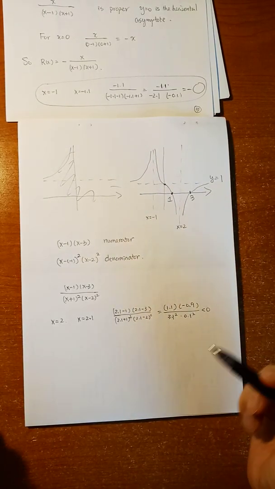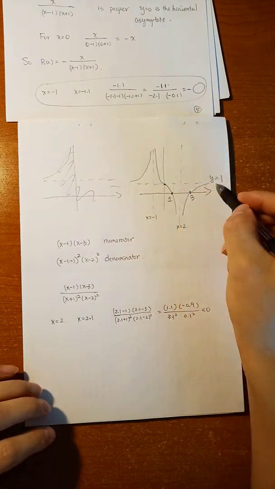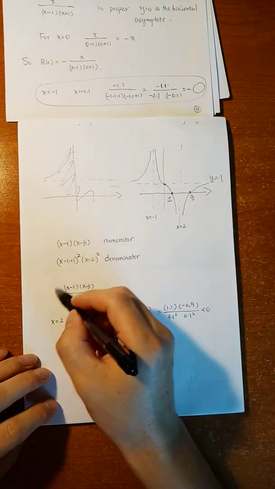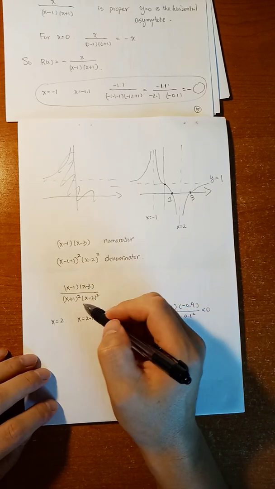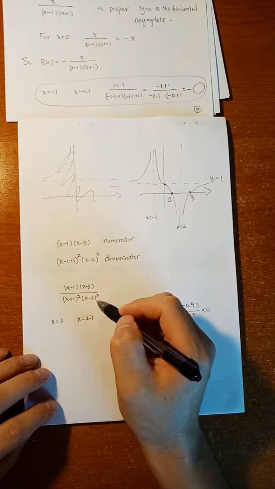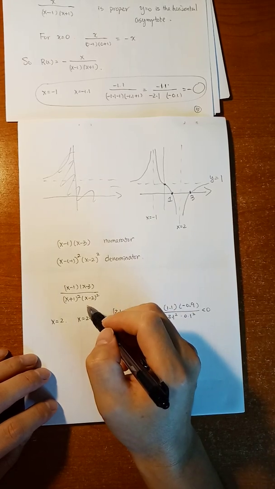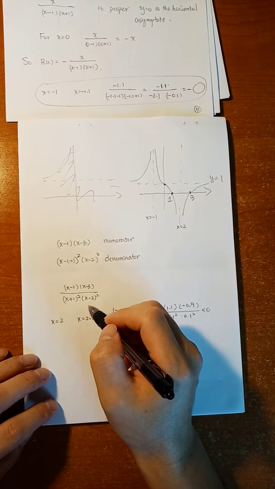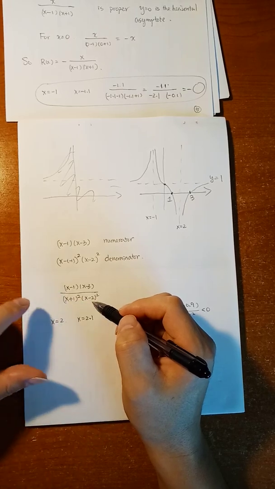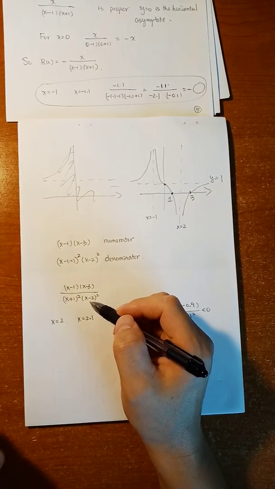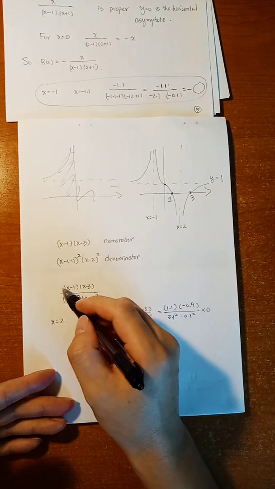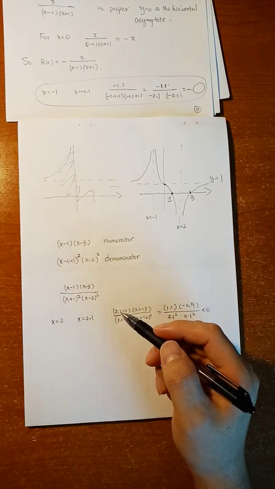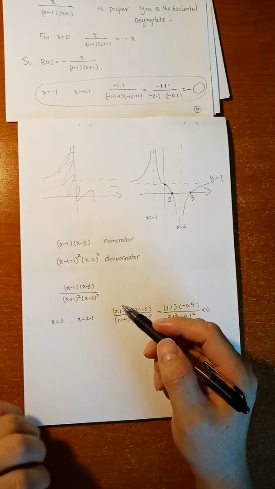We're almost done, except this horizontal asymptote. This is a proper rational function. Its horizontal asymptote is 0. Even if you multiply it by 2, by 3, by whatever number, it is still 0, because for a proper function, multiplying the numerator by any number does not change the properness.